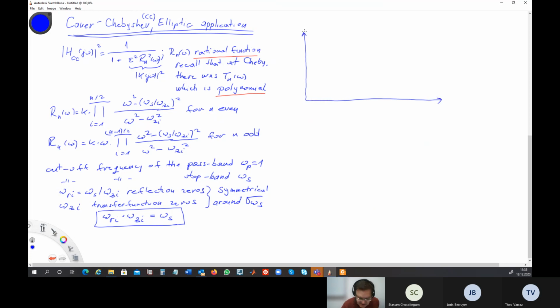I mean the characteristic function. This value here is our epsilon. This is some other value which we'll call delta. This is k of j omega square, let's say our characteristic function, which is a rational function.